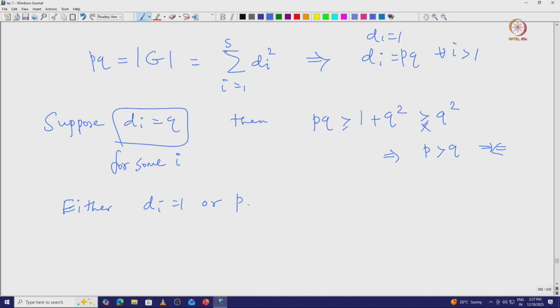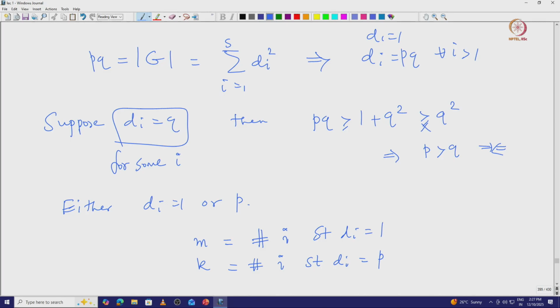So, now what we are going to do? We denote by m the number of i, from 1 to s, such that d_i is 1, and call k the number of i such that d_i is p.